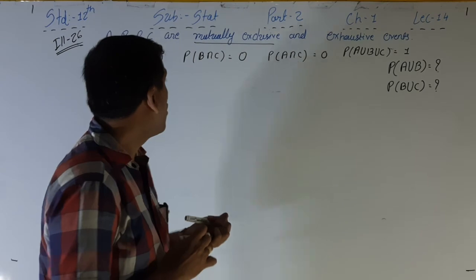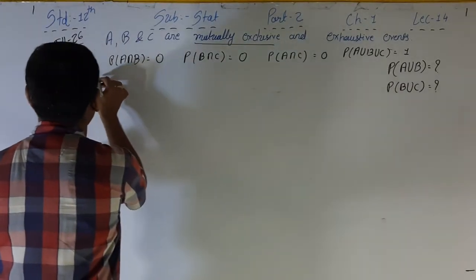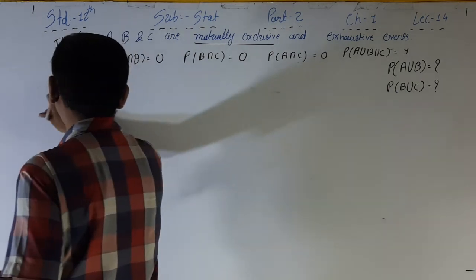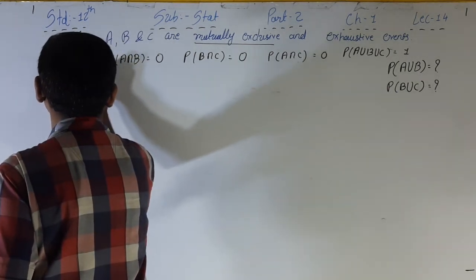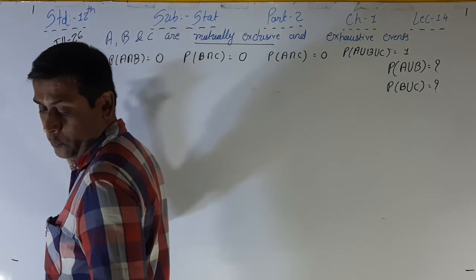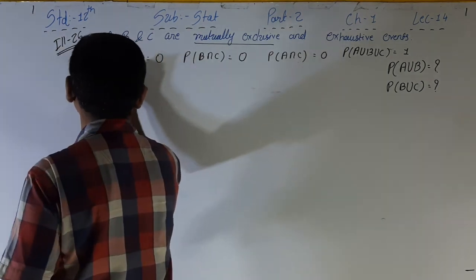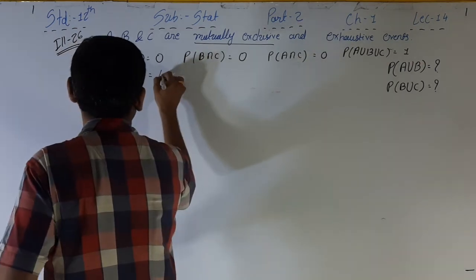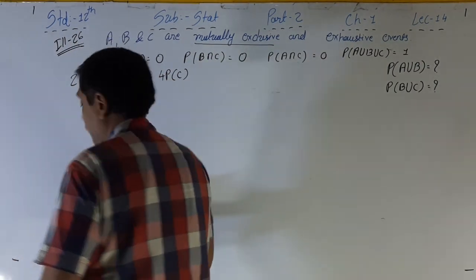Okay. Now what is given here? The information given here is 2P of A is equal to 3P of B is equal to 4P of C, right?